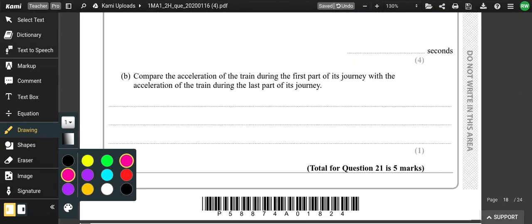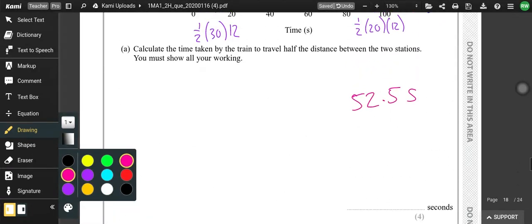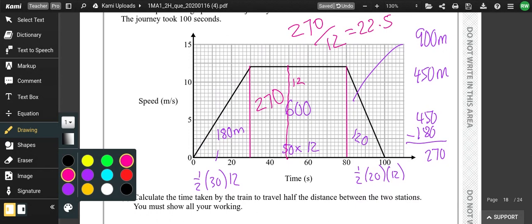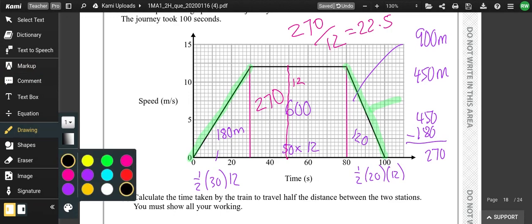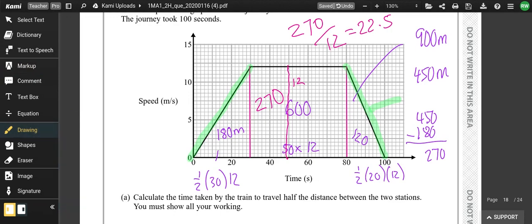Compare the acceleration of the train during the first part with the last part. So from a speed time graph, the gradient is the thing that gives us the acceleration. So just looking at those gradients, you can see that the second one here is the steeper one. So we can say that the acceleration is greater. If you wanted to back that up with some numbers, then you would look at the change in y divided by the change in x.